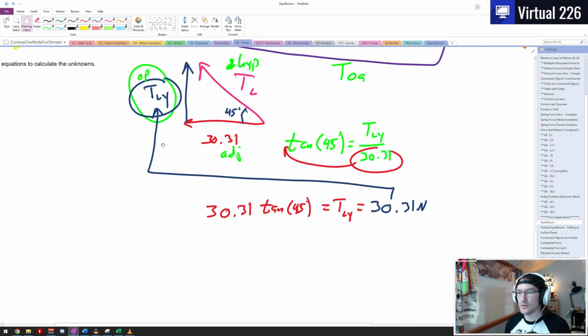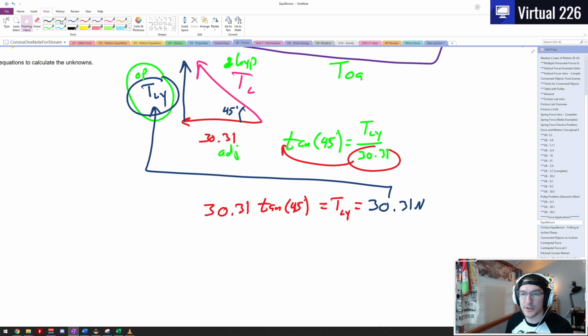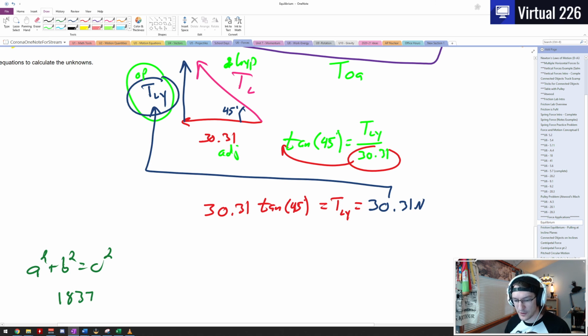Let's just go ahead and use the Pythagorean theorem because we have it. A squared plus b squared equals c squared. Our a and b are each going to be 30.31. So 30.31 squared equals 918.7. And since there's two of them, we'll multiply it by 2 for 1837.39, and that equals c squared.